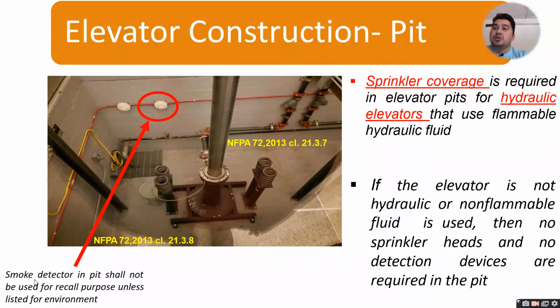Smoke detectors in pits shall not be used for recall purposes unless listed for the environment. If the fluid is non-flammable, then no sprinkler heads and no detection devices are required in the pit.